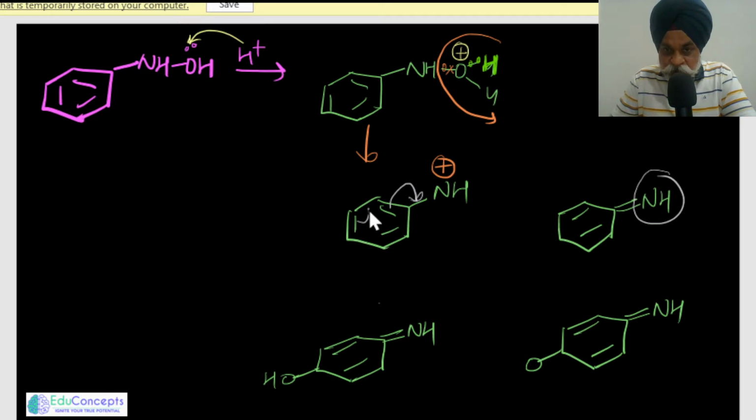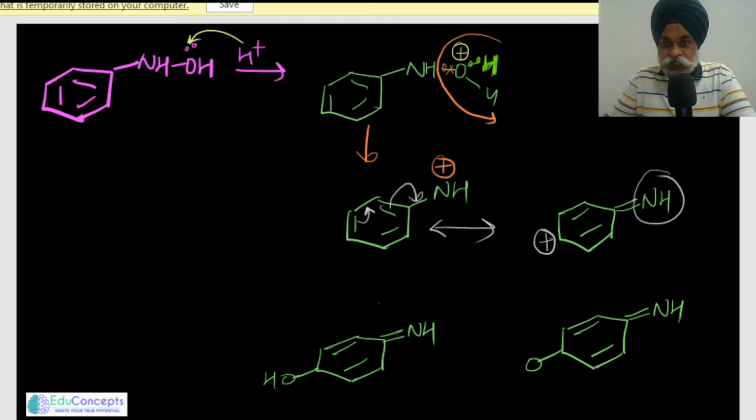Now if I move this bond here, I would receive a positive charge here. So these two are basically resonating structures. The nitrogen's positive charge got stabilized by the fact that there is conjugation available through the benzene ring.